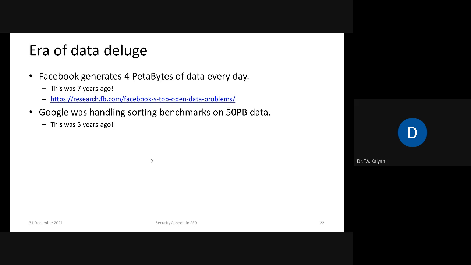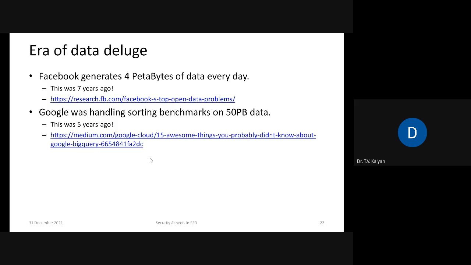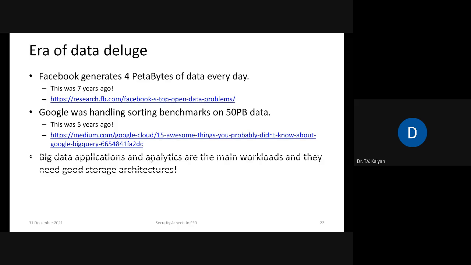And again, this was sometime a while back. You can assume that it would be 2 to 3-fold now. So because of the increased connectivity, the notion of big data has resulted in such huge amounts of data and the applications that want to use this data, right?